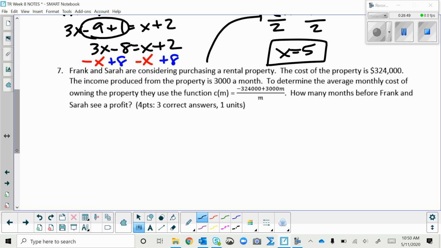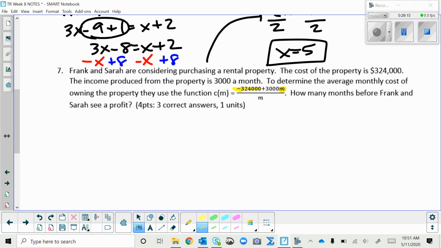So this formula right here is setting that up for you. They're in debt this much. That's why there's a negative sign. But they're making $3,000 a month. So the 3,000 has a plus, and it's times M, because that's how many months we're looking for. How many months will it take before they're making more money than they spent?